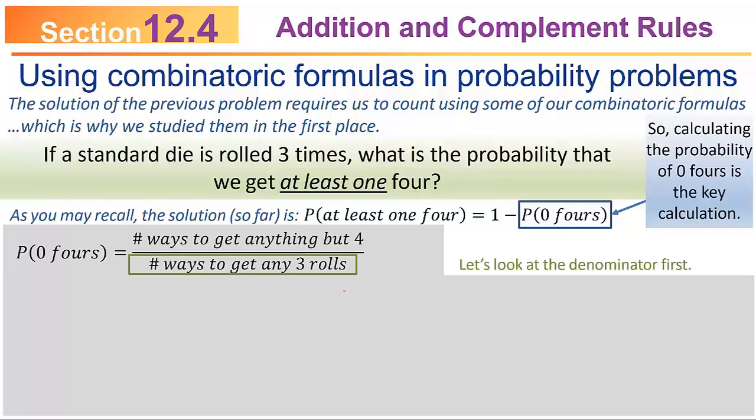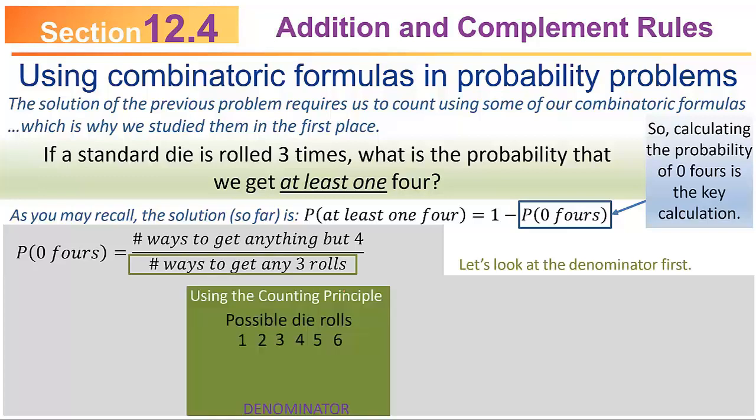I think I'll start with the denominator first. Let's find the number of ways to get any 3 rolls. Going all the way back to the counting principle, remember each roll can be a 1, 2, 3, 4, 5, or 6. So think of this as a 3-stage experiment. You can look at how many ways you can get something for roll 1, roll 2, roll 3. The counting principle says to multiply them together.